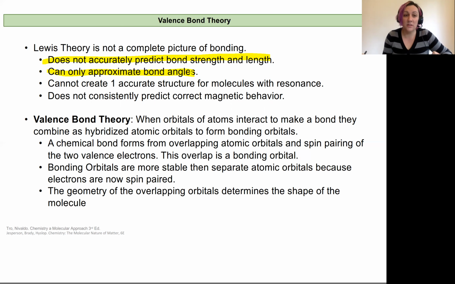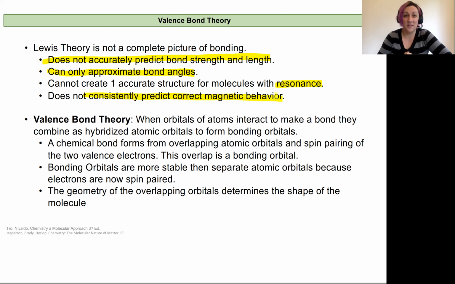We also see with Lewis theory that we cannot create a really accurate structure for a molecule that has resonance. We can create lots of structures and we can have a hybrid structure that gets closer to what we would see experimentally, but it's not a very clear picture of what's happening. So we need a better way of explaining molecules that have resonance structures, and the bond lengths and strengths that they have. It also doesn't consistently predict magnetic behavior. We'll talk about magnetic behavior towards the end of this lecture series, about things being paramagnetic and diamagnetic.